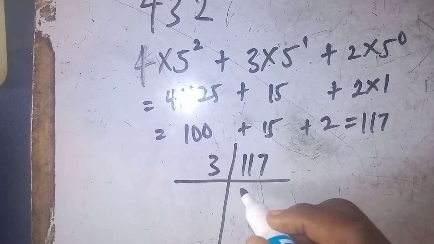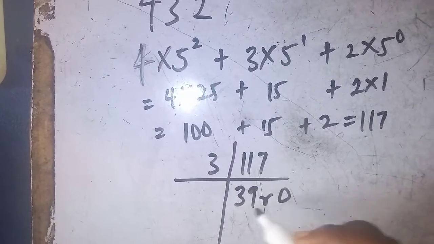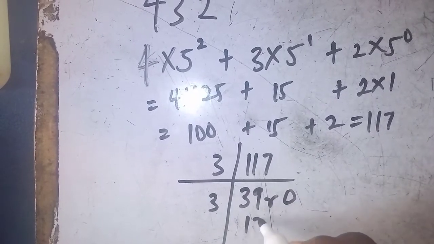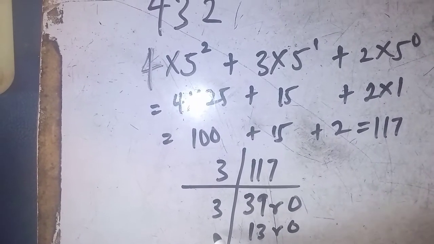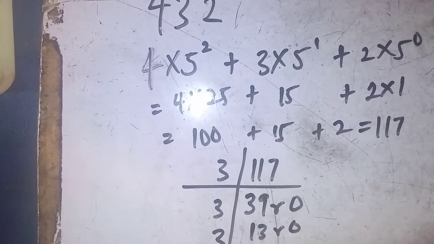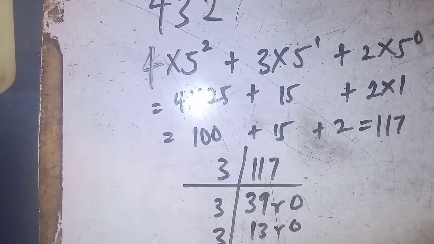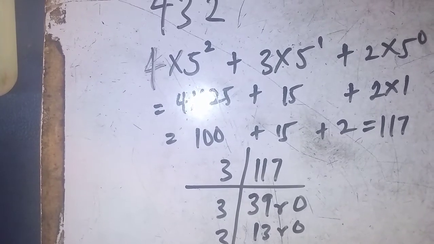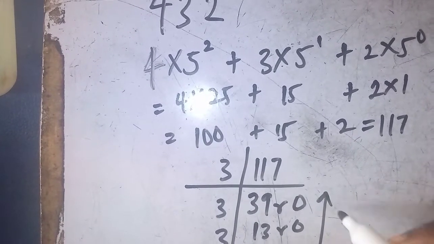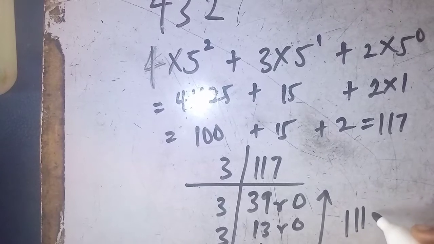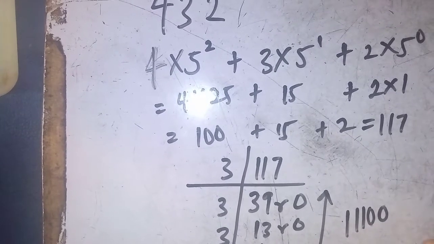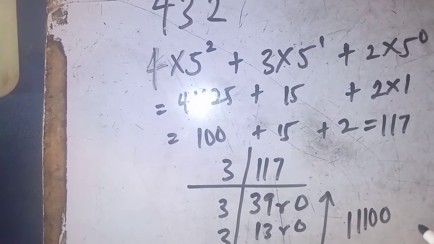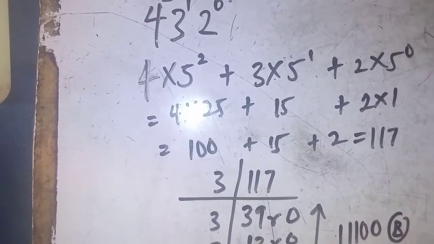That will give us 39 remainder 0. Divided by 3, that will give us 13 remainder 0. Divided by 3, now will give us 4 remainder 1. 3 in 4, 1 remainder 1. 3 in 1, 0 remainder 1. So if you write this upward, you have 11100. That's our option B from the question.